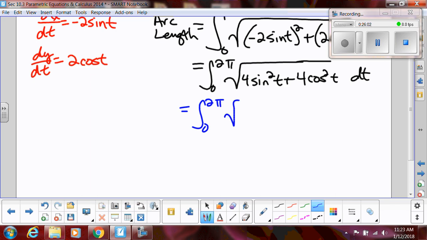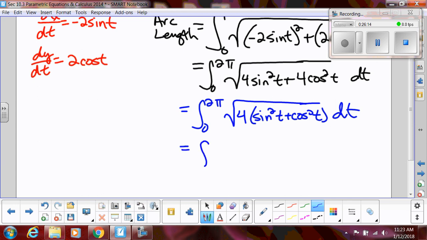When I factor out that 4, then I'm just left with sine squared of t plus cosine squared of t. And you should recognize that. That's a Pythagorean identity. So now we're just integrating the square root of 4 because all of that became 1. And the square root of 4 is just 2.